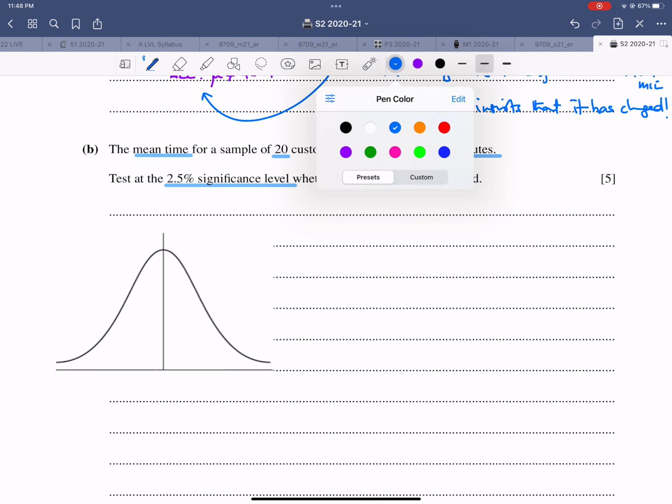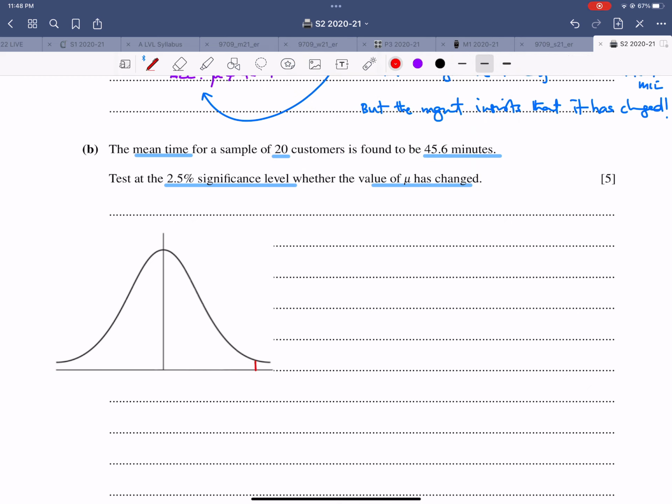So this is 1.25%, and over here this is also 1.25%. So now this z value is basically for 100 minus 1.25%. That is how much? That is 98.75%. So let me go to the table.